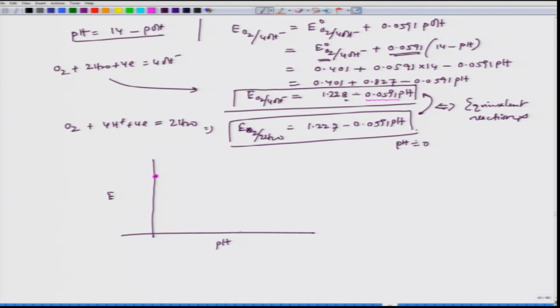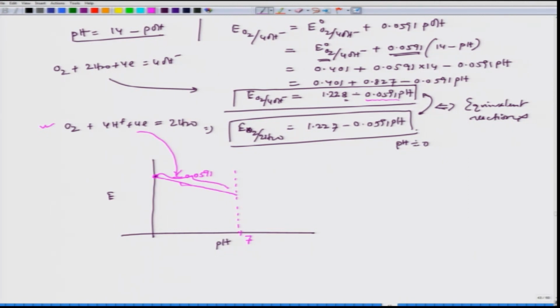If this is my 7, and I extend this to pH 7, I know that this reaction happens when pH is less than 7. Up to that, if we extend this, the slope is minus 0.0591 with the pH. So, this reaction happens over this plot.